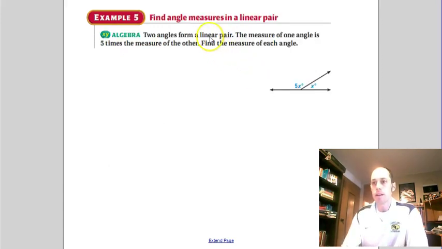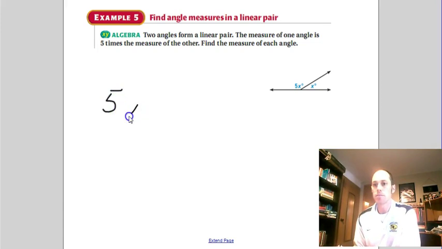Now, finding angle measurements within a linear pair. If we know these two angles form a linear pair, if this angle is 5x and this one's x, how would we find the measure of each angle? Well, what we know about a linear pair is that the sum of the two angles equals 180. They are supplements.